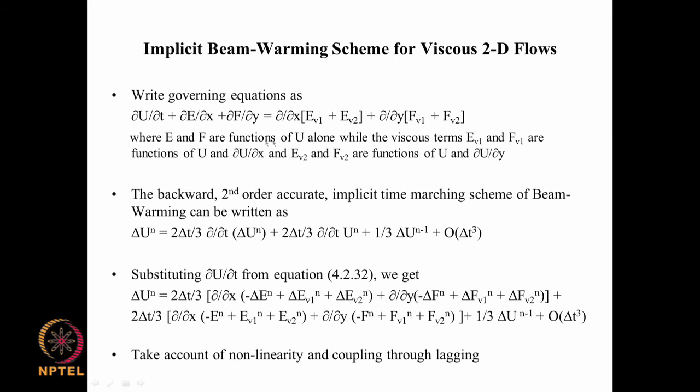E and F are functions of U alone, whereas EV1 can be a function of both U and dou U by dou X, and the V2 terms are functions of U and dou U by dou Y.